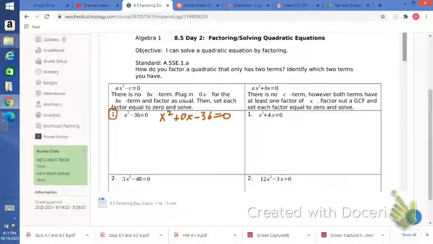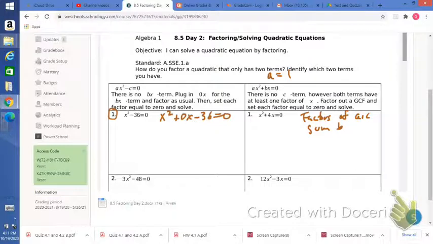Alright, now our rules for solving equations, like what we learned in day 1, they apply right here. So we're looking for factors of a times c that sum to b. Well, our a is equal to 1. Remember, that's the coefficient in front of our x squared term.